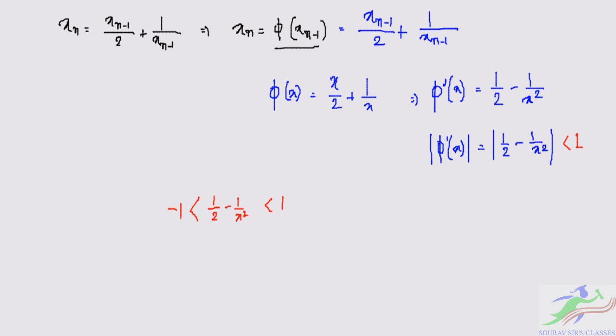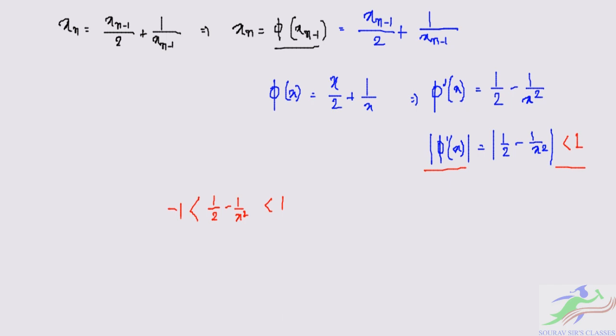So x_n will converge if and only if mod of phi prime x is less than 1.